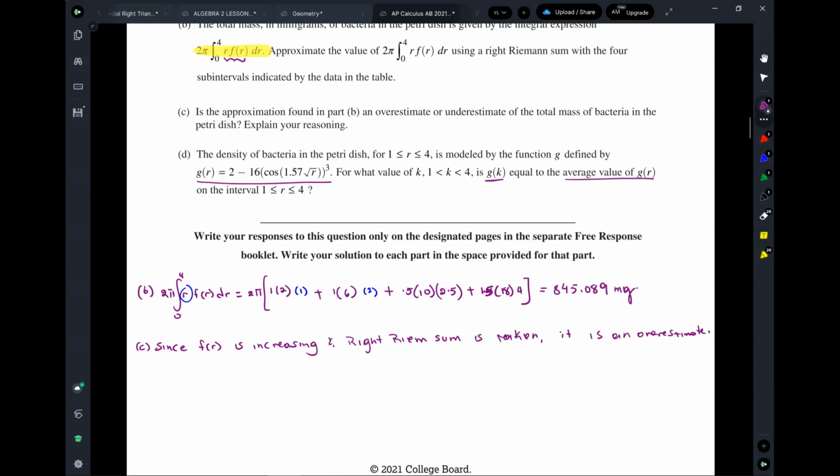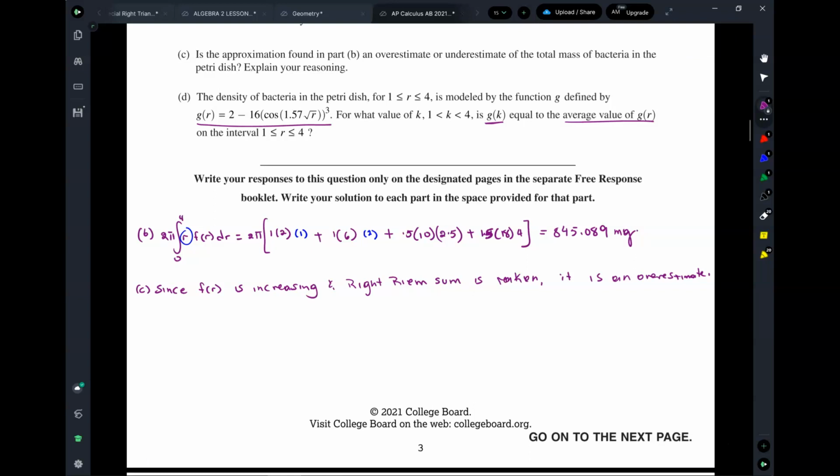So you're given G. Basically, it's saying when is G equal to the average value of it? For what value is this equal to the average value? And we've done problems like this throughout our notes.